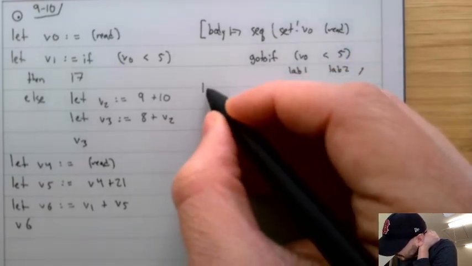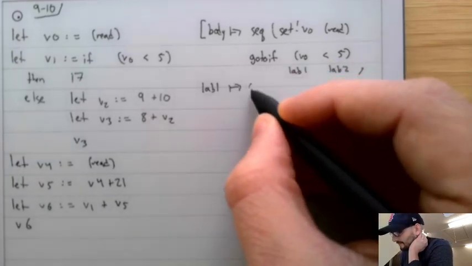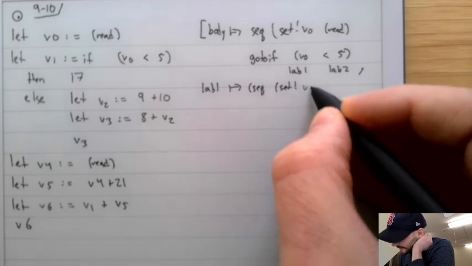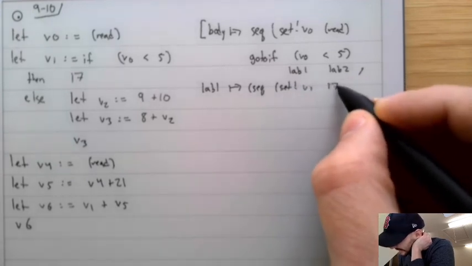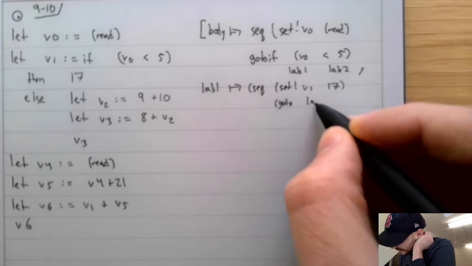Then label 1 is going to say sequence set v1 to be 17, and then a goto label 3.